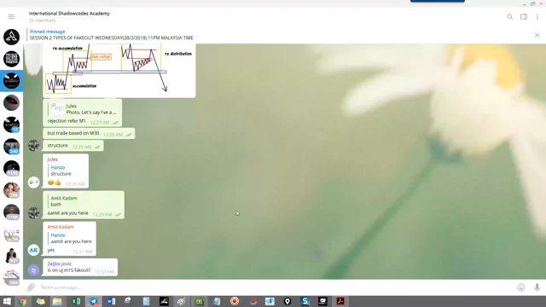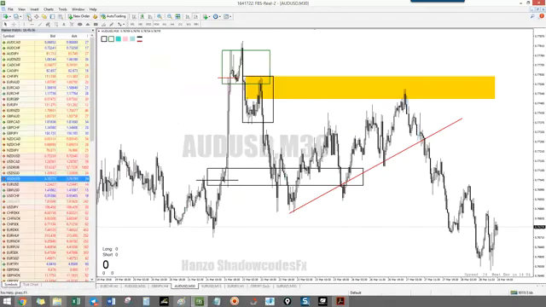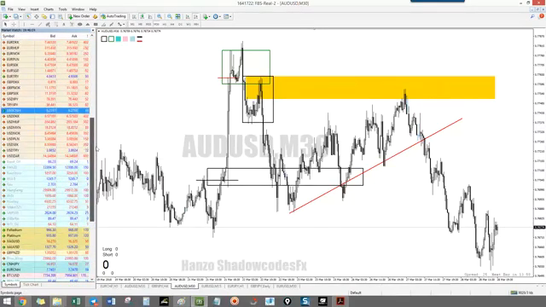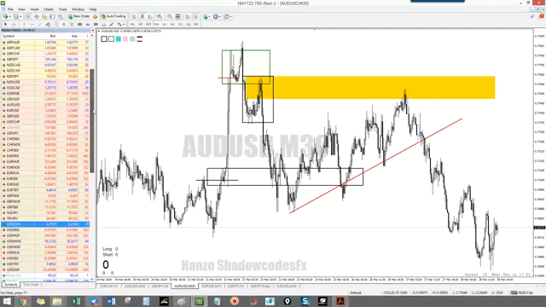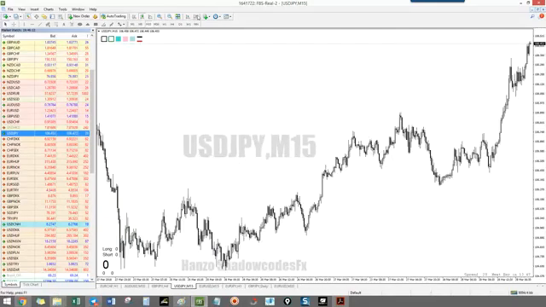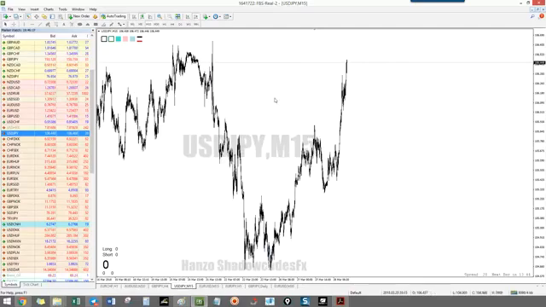Is UJ M15 a fakeout? UJ is USD JPY. M15. Where is it? 1, 2, 3, sure.